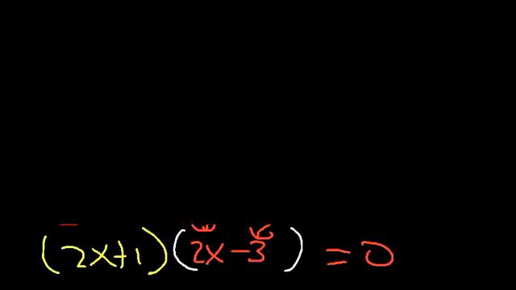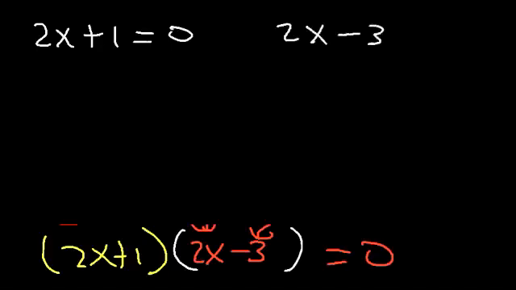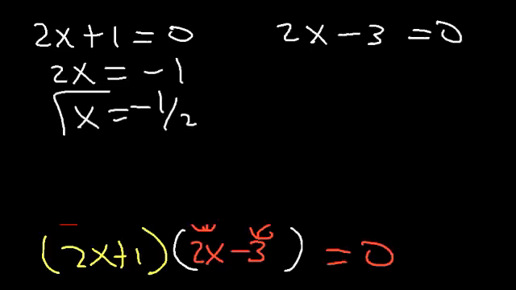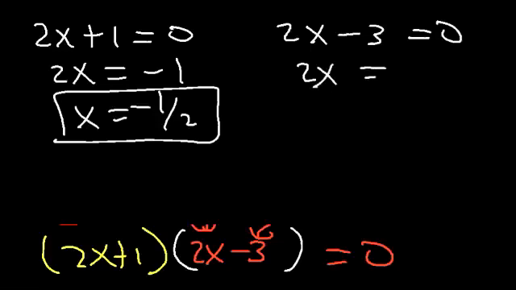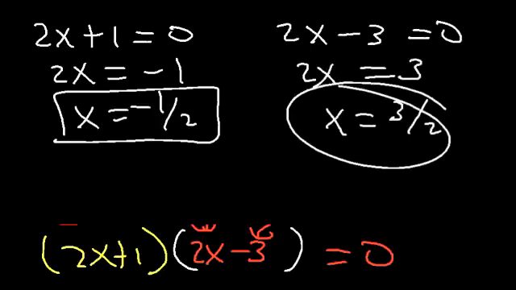So now we could set 2x plus 1 equal to 0 and 2x minus 3 equal to 0. So 2x is equal to negative 1. If we divide by 2, x is negative a half. That's the first answer. If we add 3 to both sides, we'll get this. Divide by 2, x is 3 halves.